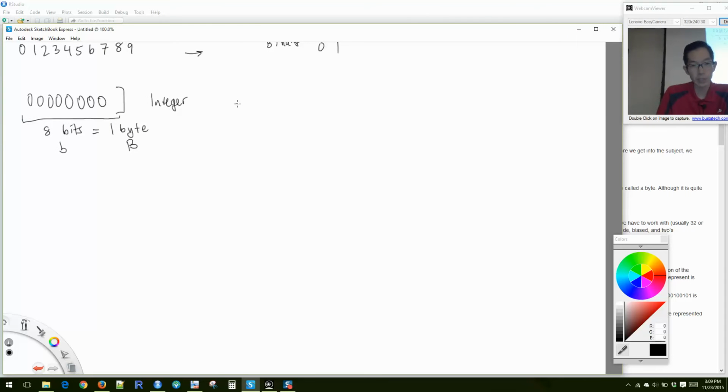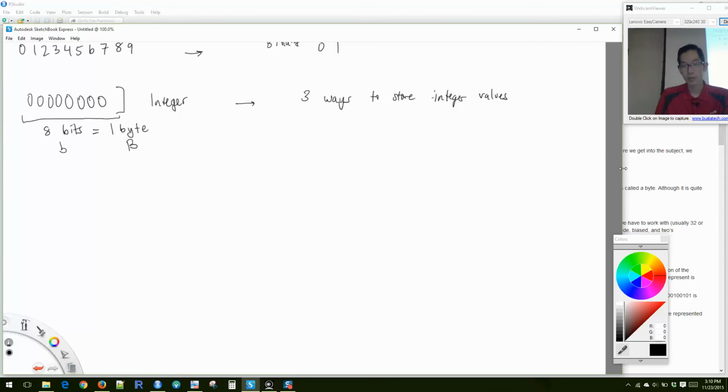If we're doing integers, usually the first spot is used to store the sign. Okay, I'm sorry, let me go back. There are 3 ways to store integer values.